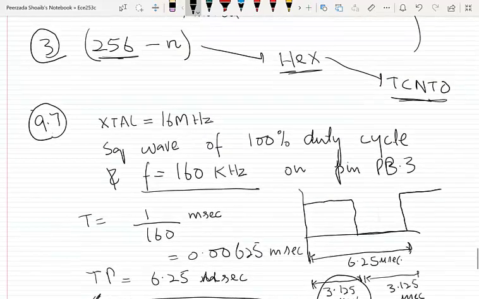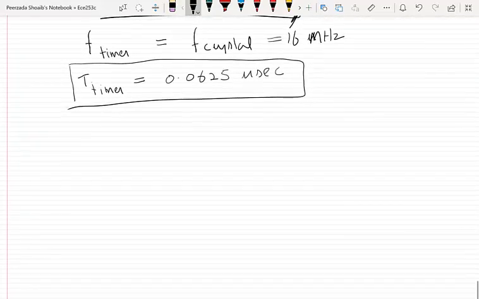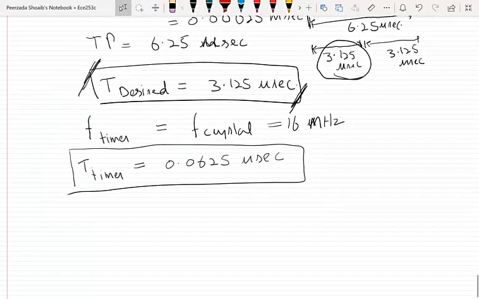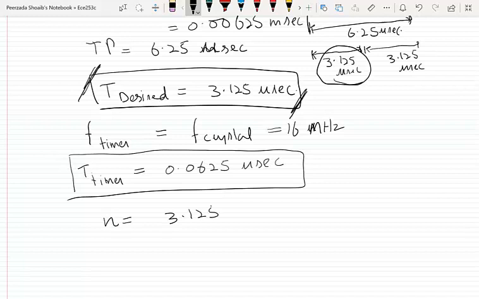What was the second step? To calculate an integer n, which is equal to the desired time period divided by the time period of the clock. What is our desired time period? 3.125 microseconds. So the number n will be equal to 3.125 microseconds divided by 0.0625 microseconds. Micro in the numerator and micro in the denominator cancel out.